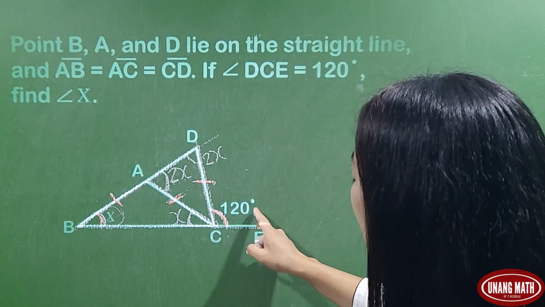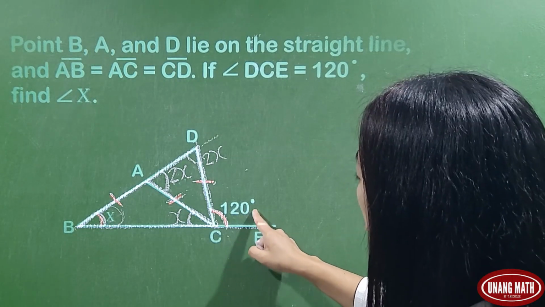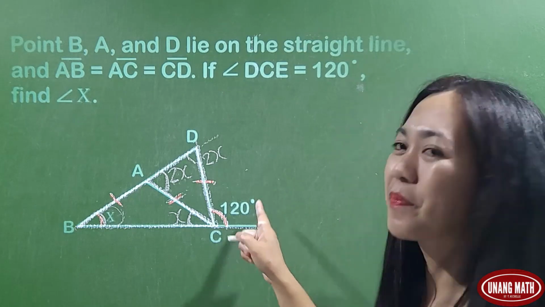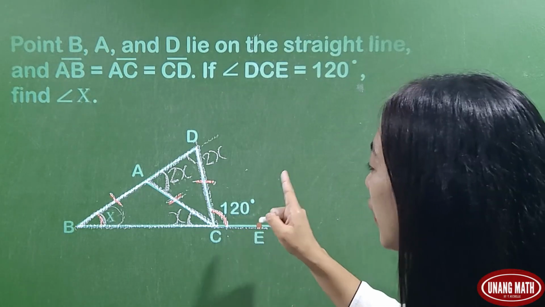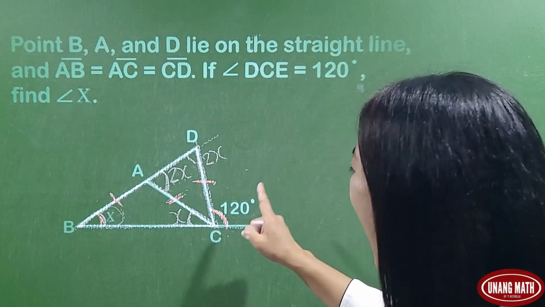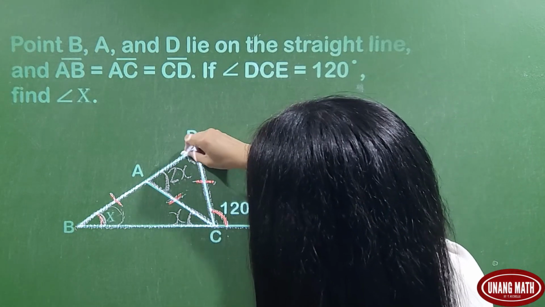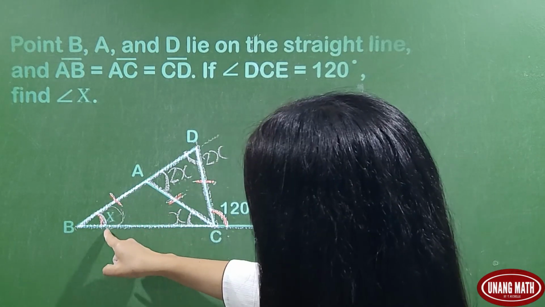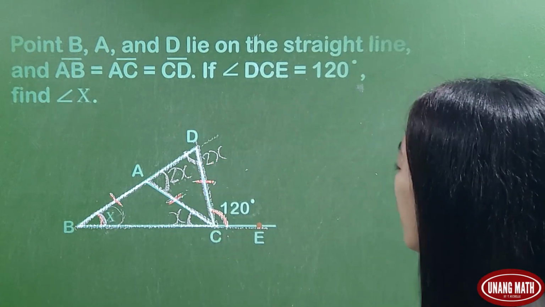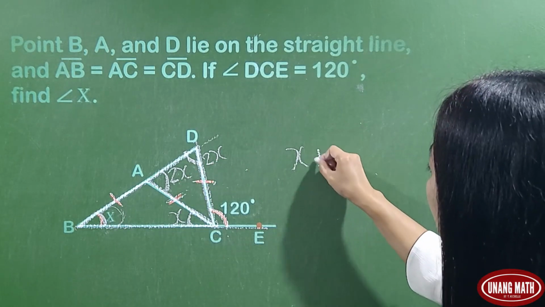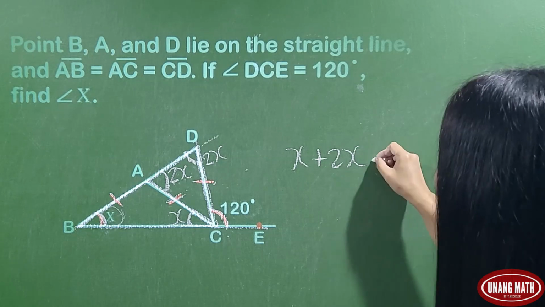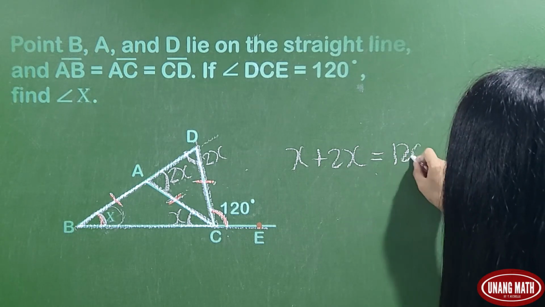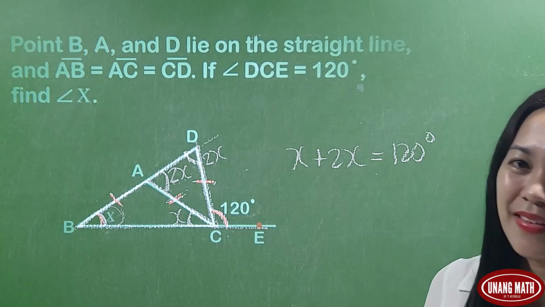And to find this exterior angle, we have to add the measure of the two non-adjacent angles. And that is this angle and this angle. So this is x and 2x. So x plus 2x is equal to 120 degrees.